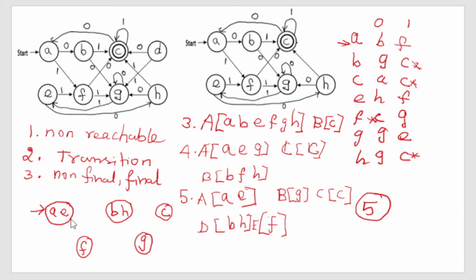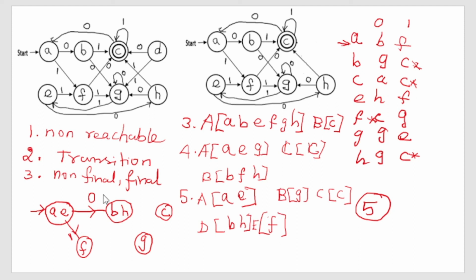If we see A, the transition 0 goes to B, and for E, to H. So both are available in the same group. So the transition 0 leads to the BH group, and then the transition 1 leads to the F group. For both A and E, the transition 1 leads to F.